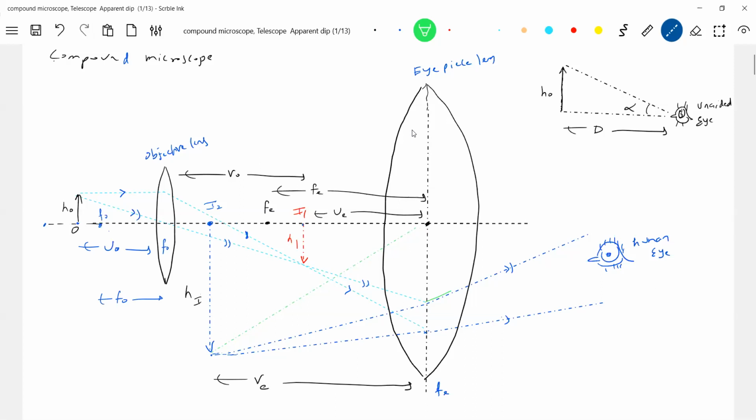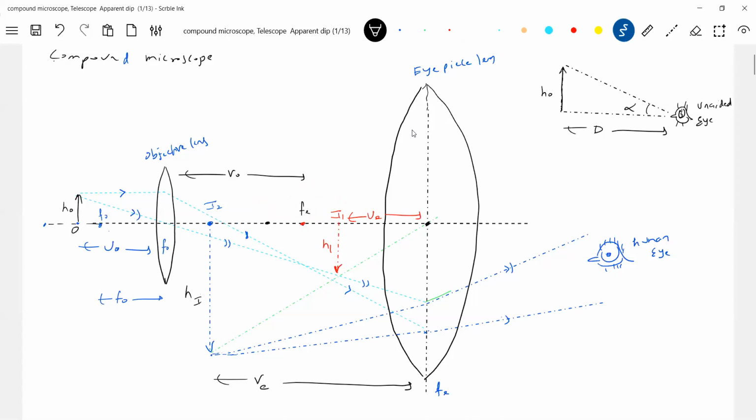Oh, the diagram. H1 should come here. In that way, the rays. I'll adjust the things. This ray, okay.